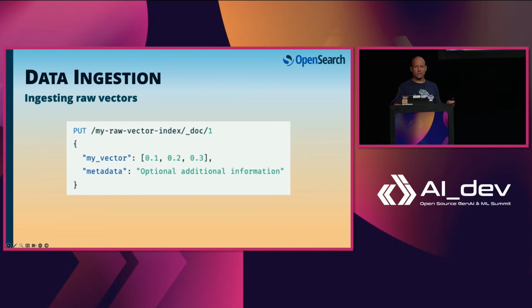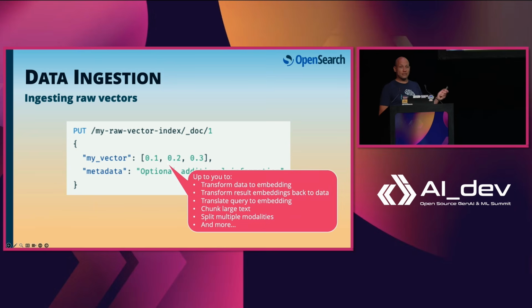So lots of goodies, and I want to see how it's done. So you can use OpenSearch as a simple vector database to store your raw vectors, as you can see here in this query example. This means that you can write vectors into OpenSearch and then provide the vector of your query, and OpenSearch can then run the algorithms to find the nearest vectors and return them.